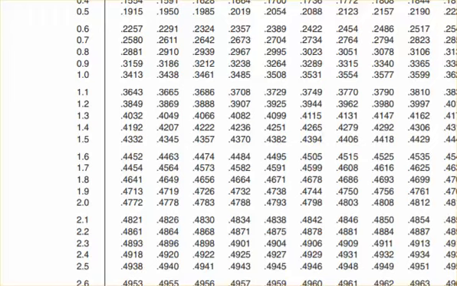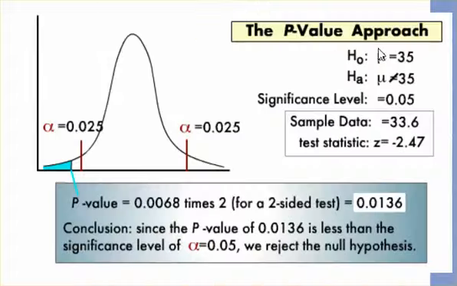So what we are saying is the area from the mean of 35, if we go a negative 2.47, happens to be 49.32%. So what's the area outside? The area outside would be 0.0068, and that's what we're showing here. The p-value is 0.0068.